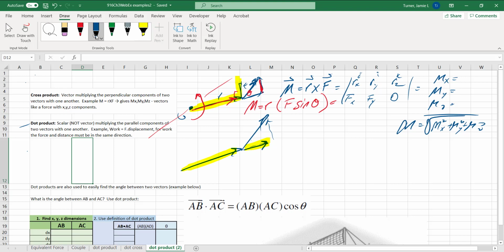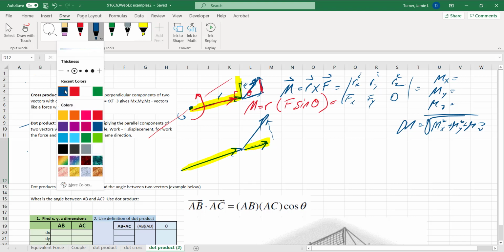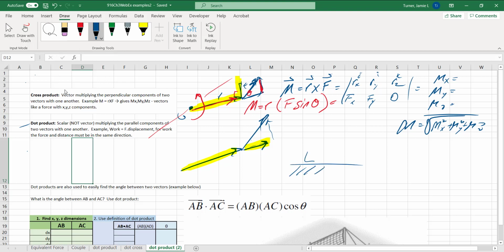And this would be for applications like work. So let's have a box, and you're pulling the box across some surface, and maybe it moves a distance delta x, and we ask how much work did that take, if you remember from physics.